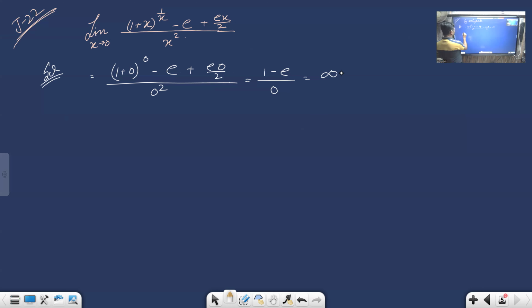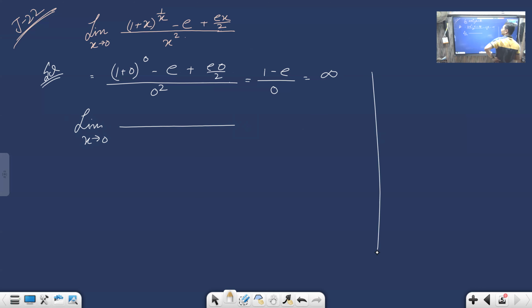So L'Hospital rule. Limit x tends to 0. I need to differentiate this. Now this is a bit tedious. Let's say y is (1 plus x) to the power 1 by x. So how do you do this type of derivative? We take log on both the sides.